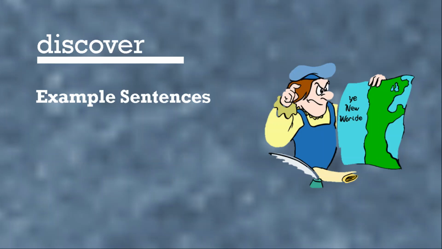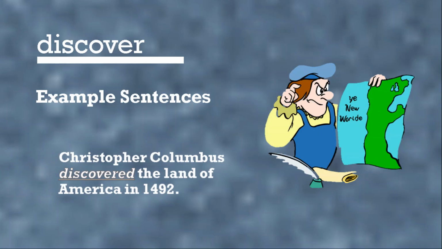However, the second example sentence that we're gonna have is this: Christopher Columbus discovered the land of America in 1492. Now, if we look at this sentence in context, Christopher Columbus discovered the land of America in 1492. He declared he discovered it. However, there were people there when he discovered that land.